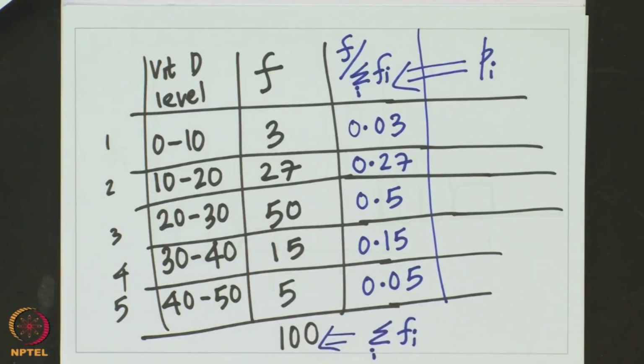When I say 50 people have vitamin D level between 20 to 30, this number alone does not make much sense unless I know how many total people there are, how many measurements we did, how many people we had in our sample. Unless we know that, the number 50 alone does not make sense. So this normalization is always very important.